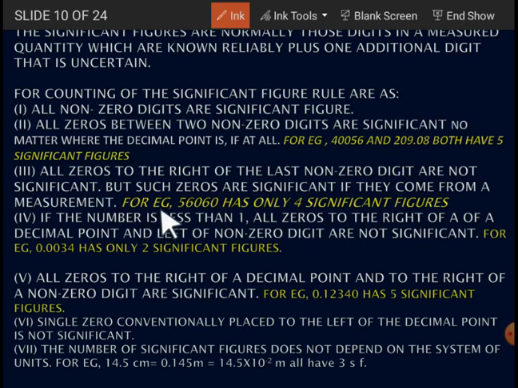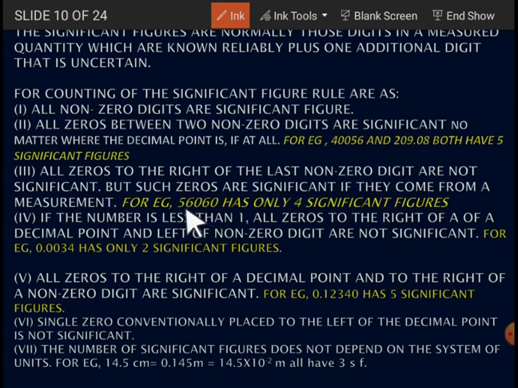For example, this 56060, the zero on the right side of the last non-zero digit 6 will not be significant if it is given here as a number, but if it is coming from the actual measurement, then we have to take this 0 into account as a significant figure. Otherwise, this number will have only 4 significant figures.